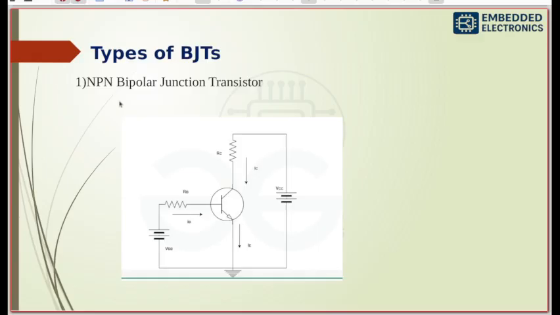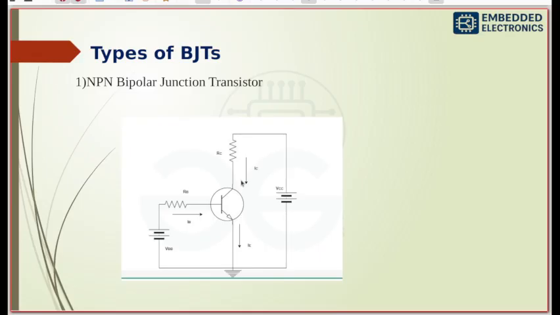So types of BJT, one is the NPN bipolar junction transistor. In an NPN transistor, a p-type material is placed between two n-type materials. The first n-type region is called the emitter. The p-type region is the base, and one more n-type region is the collector.